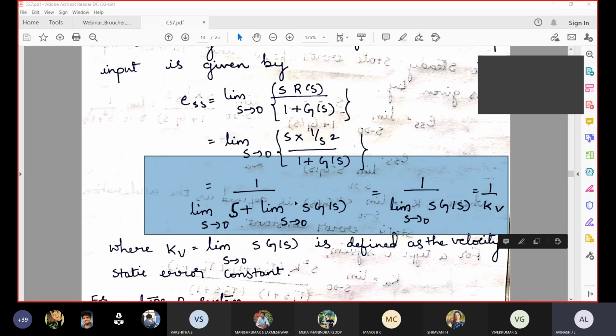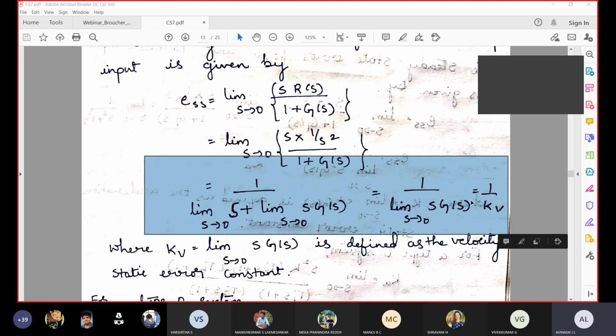Then in the first term, s becomes 0, because s is taken directly as 0. Whereas in the term limit s tends to 0, s into G of s, it is not only s, it also depends on G of s, so we cannot directly put s equal to 0 there. This equation will remain, so 1 divided by limit s tends to 0, s into G of s will be left out.